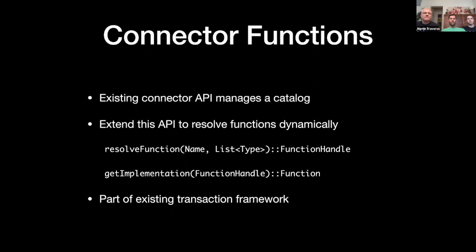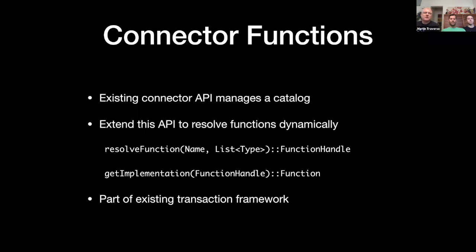So it should feel similar to anyone who's written a connector before, dealing with things like give me a handle to a table and then give me something that can give me the data for that table. So it's a similar API system.